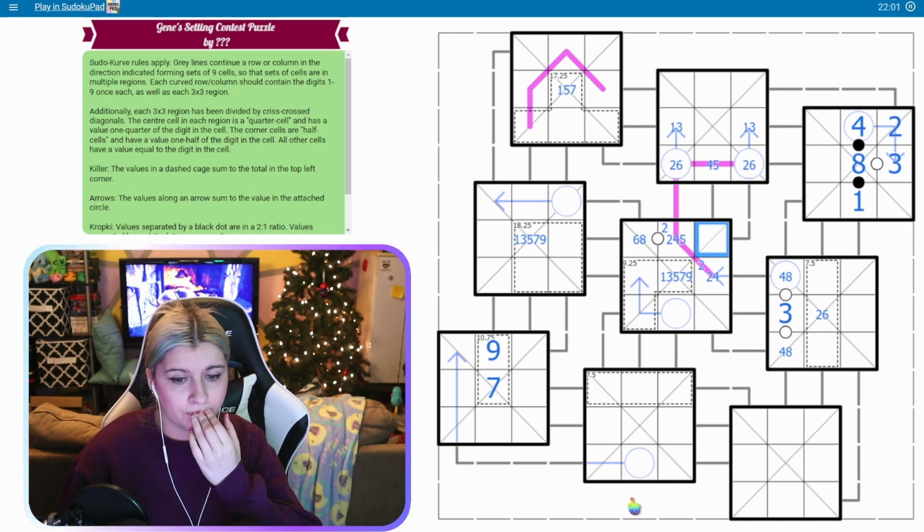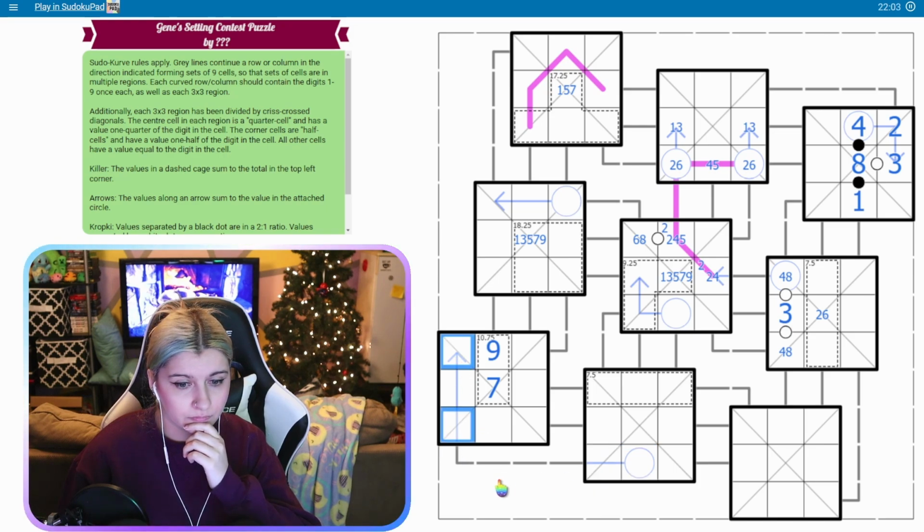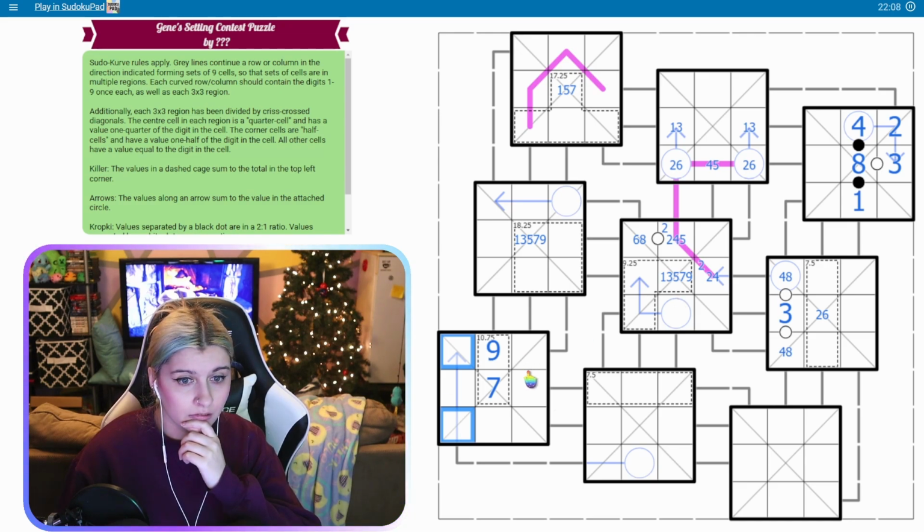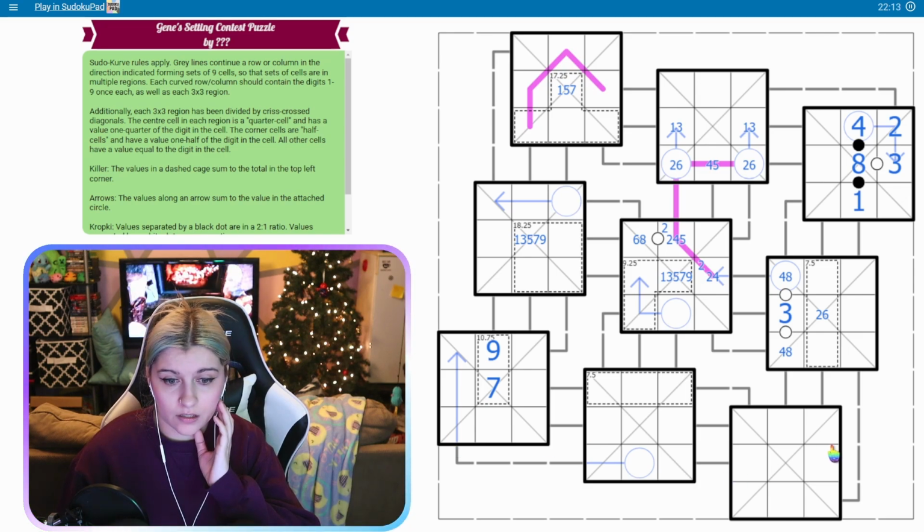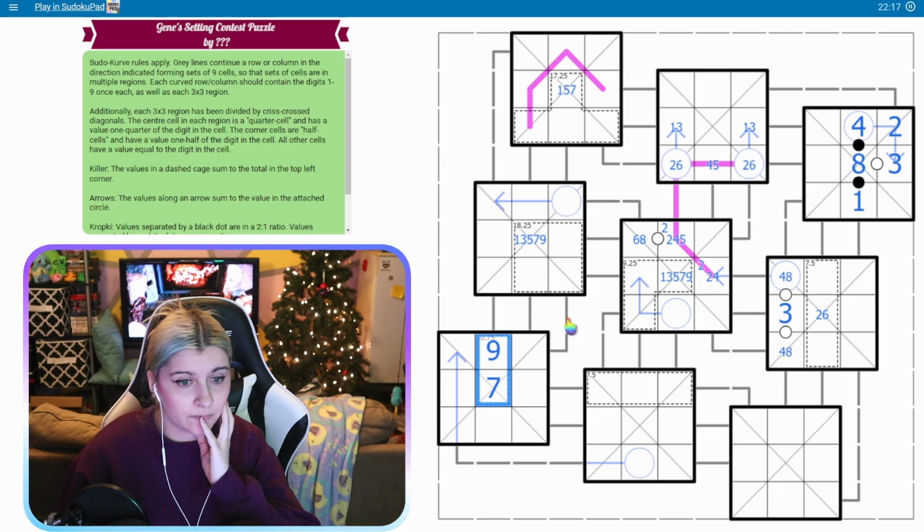Okay, I also have this. Windows wants to update. I don't know how many times I've turned off Windows updates. Trying to think of what would be good to look at next. This was good.